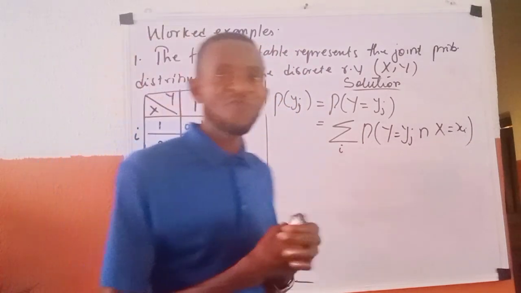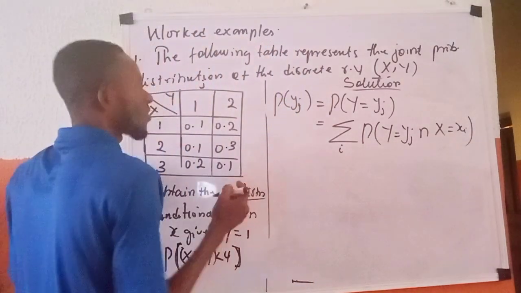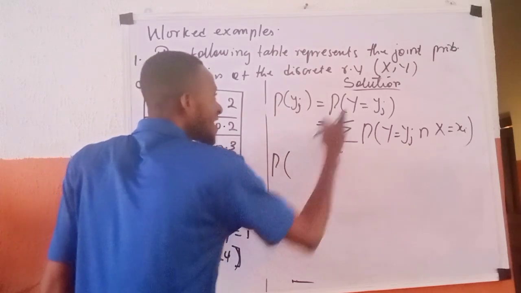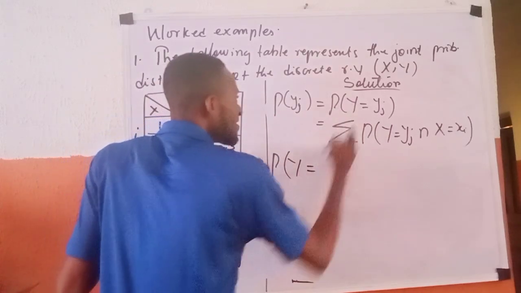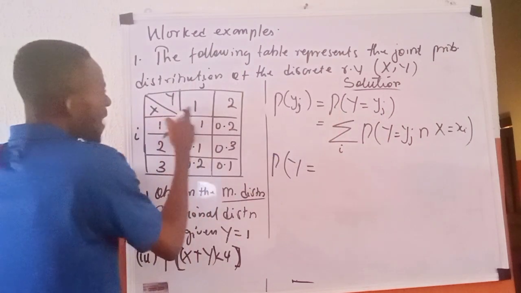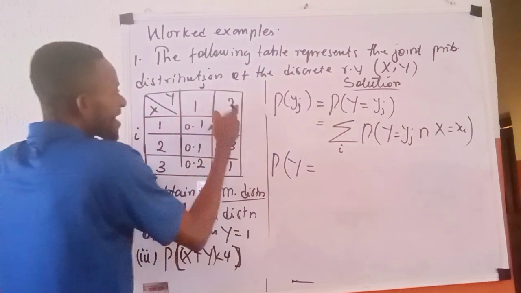For us to sum over i, if I want to solve, I will now say the probability that this my y here takes a value yj. And of course, you know that my y begins from 1 and ends at 2.